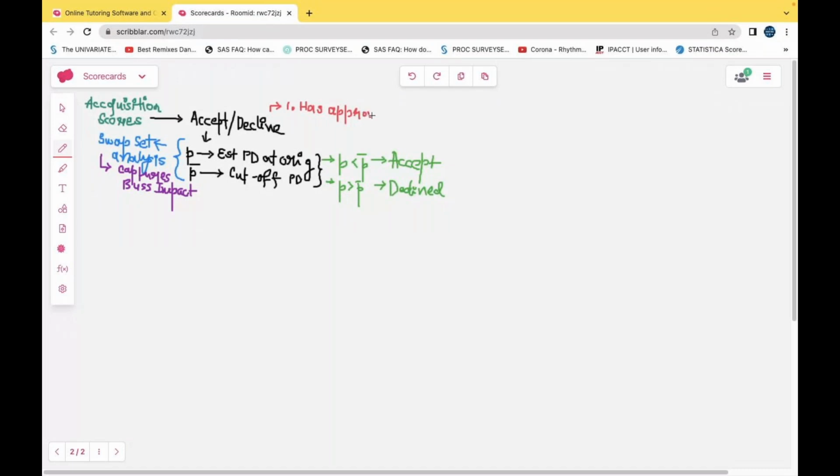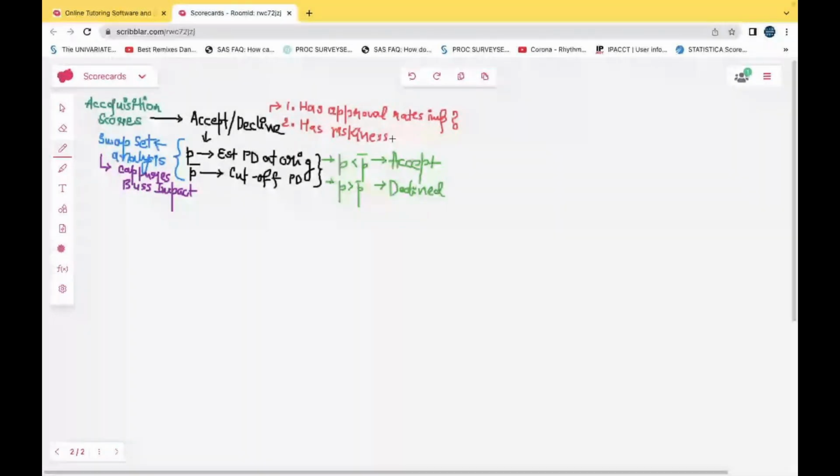Has approval rate improved? But the second point is, has the riskiness in the portfolio gone down, reduced?